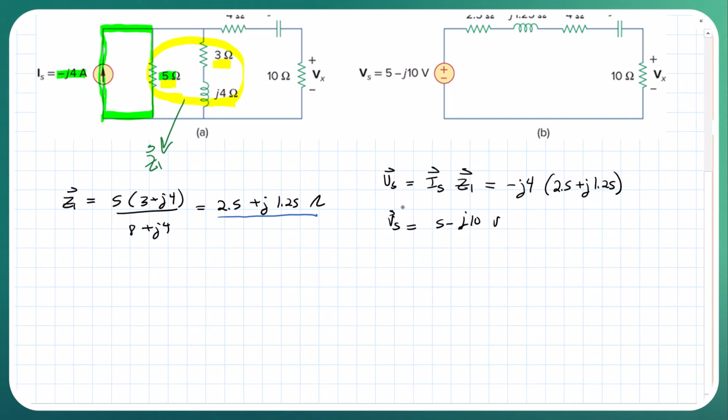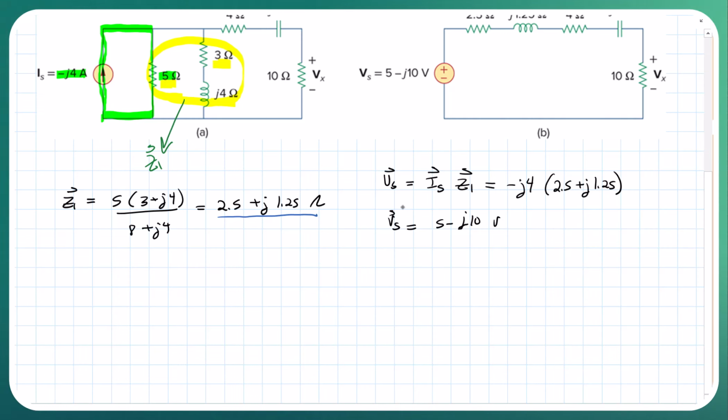So now we have our Vs here, and we can redraw the circuit here.